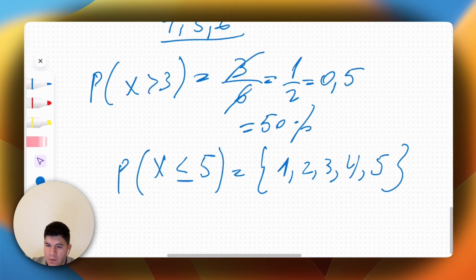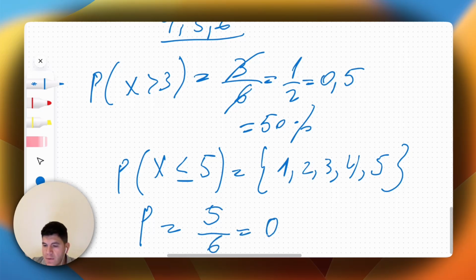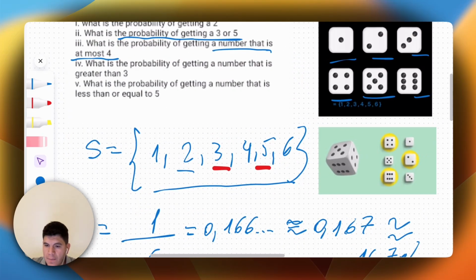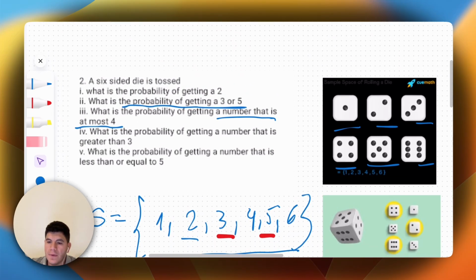In total we have 5 favorable outcomes out of 6 potential outcomes, so 5 divided by 6, which gives us 0.833. So there's an 83.3% chance that we can get a number that's less than or equal to 5 when we toss a die.